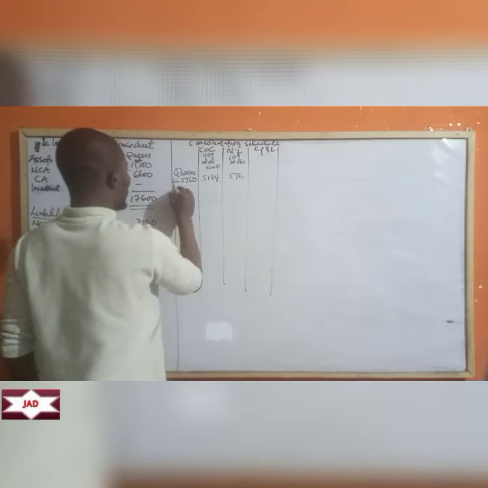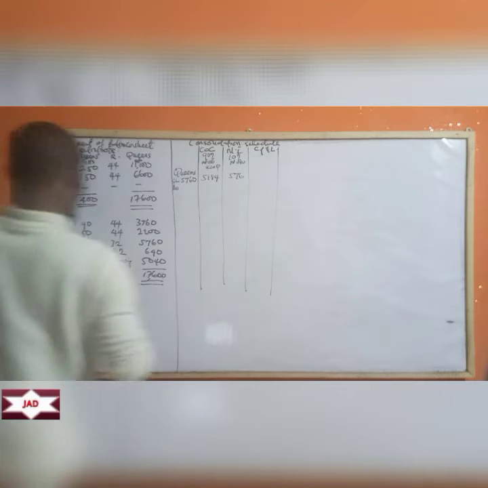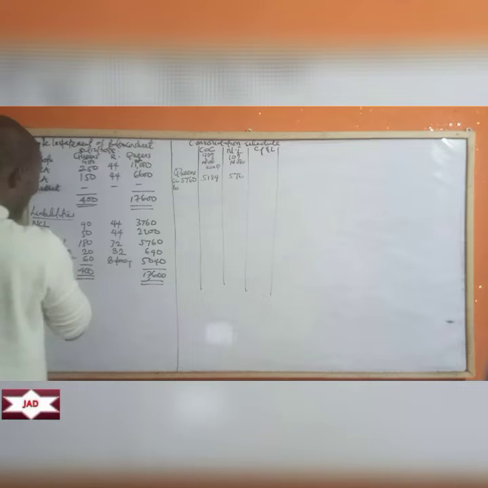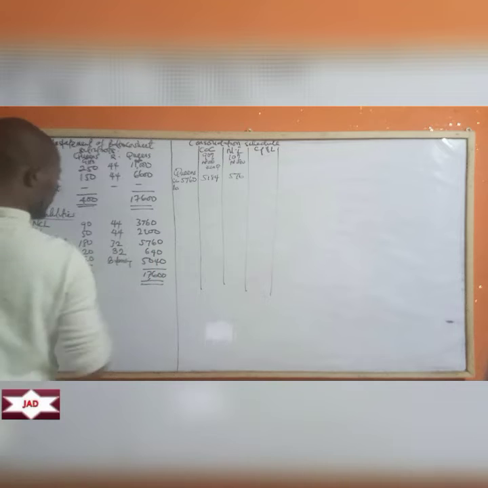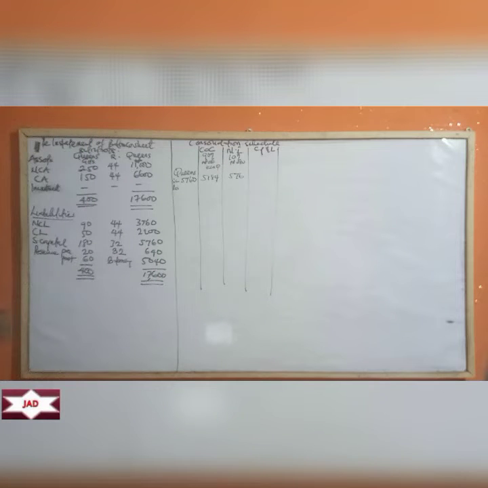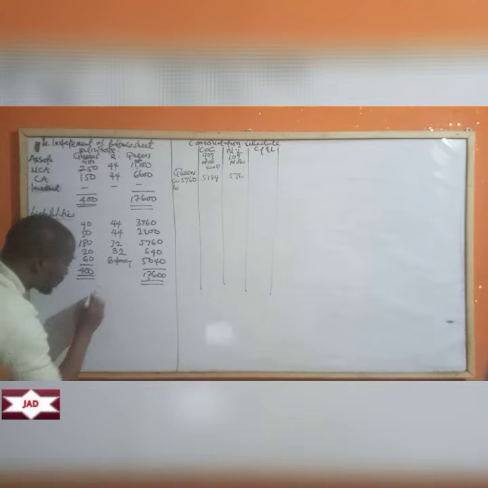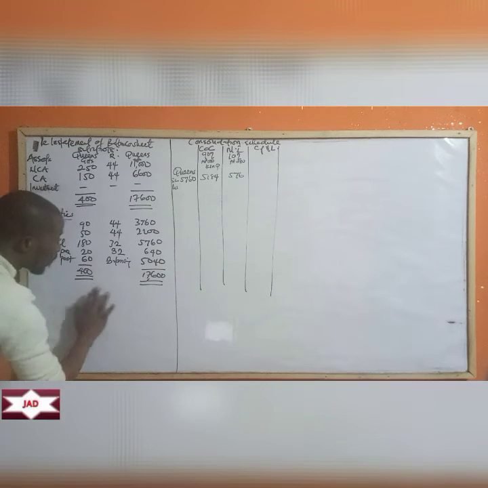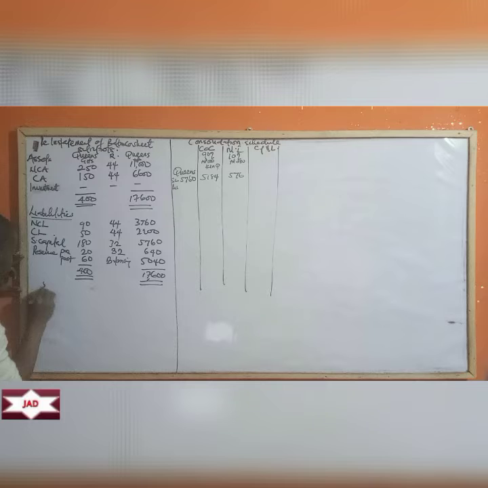So we have the reserve. What's the reserve here? The reserve will be 5,680. Pre-acquisition is 640. Post-acquisition is 5,040.